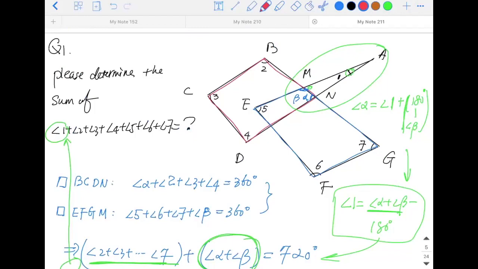This is actually very important, right? We always need to have a plan B. What if you have no idea how to do this problem?